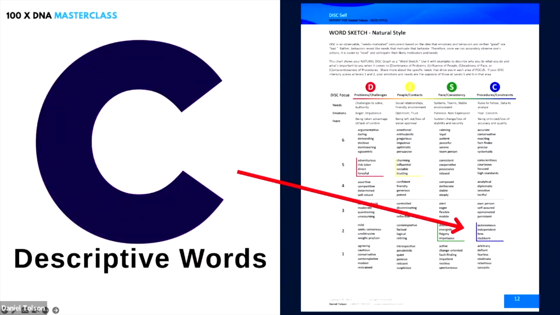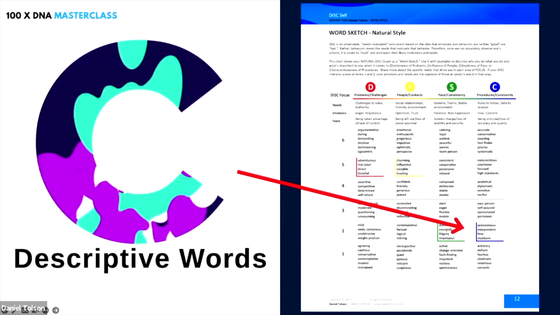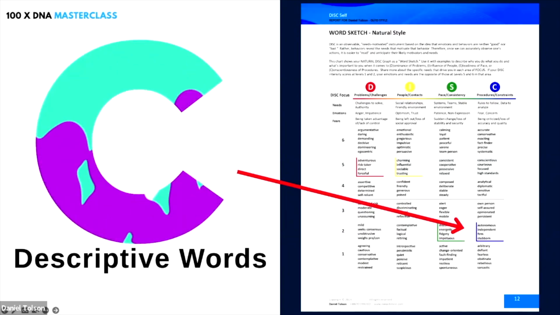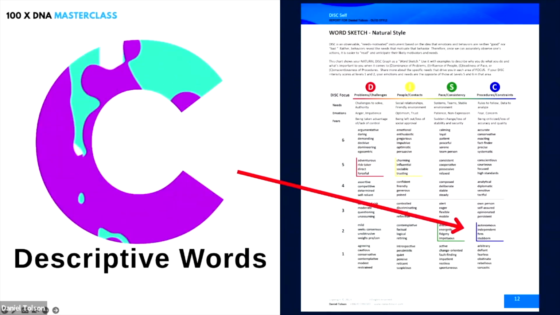So go to the chat box. I want you to put in your descriptive word. What is your descriptive word? What is that word that describes how you approach policy and compliance?